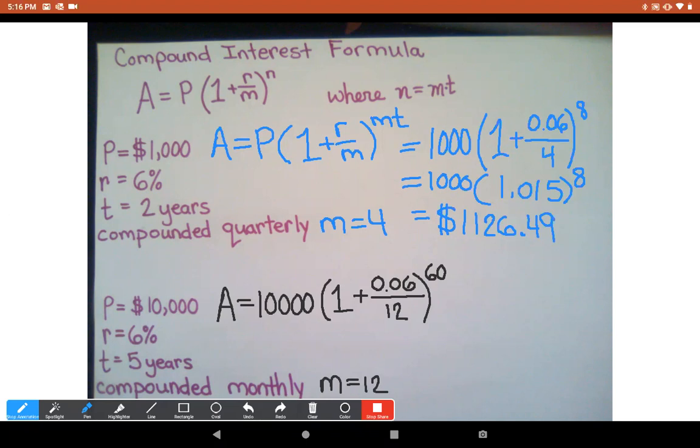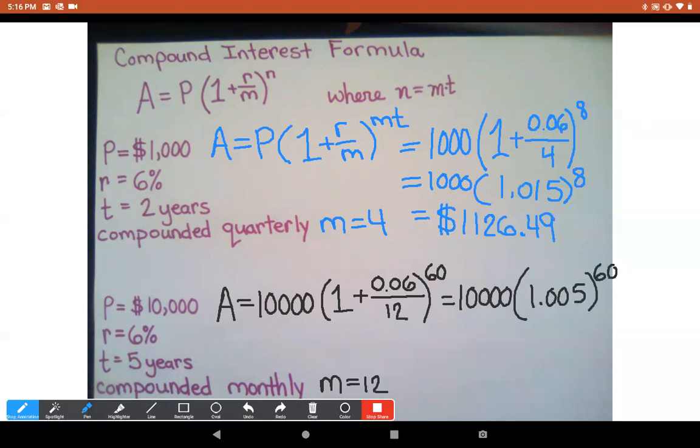0.06 divided by 12 plus 1 gives me 10,000 times 1.005 raised to the power of 60.